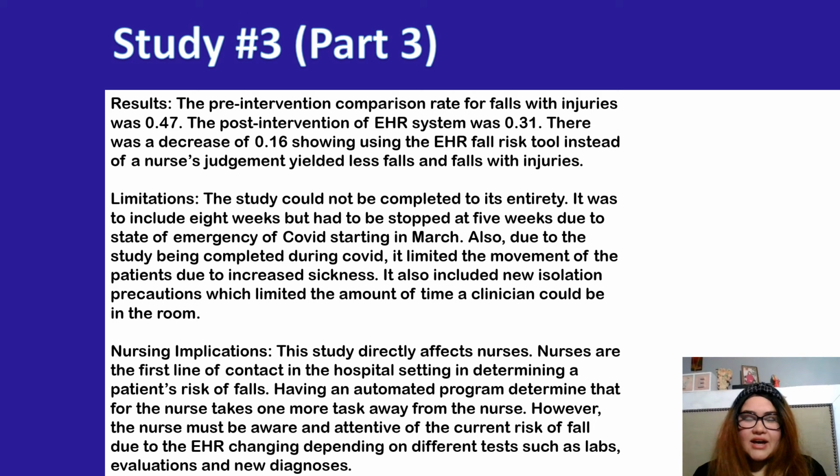The test found the results of the intervention: pre-intervention the result was 0.47 for falls. Post-intervention was 0.31, so there was a reduction of 0.16, showing that using the electronic health record was more effective than a nurse's judgment.